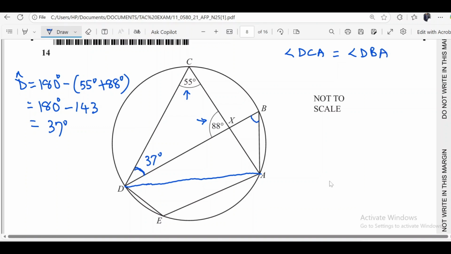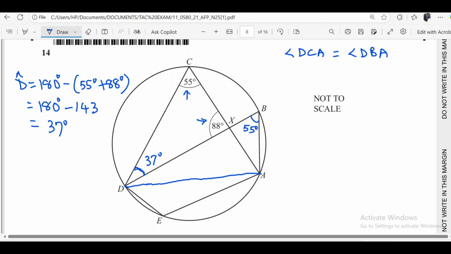So this angle B is also expected to be 55 degrees. There's a common chord. Both triangle DBA and triangle DCA lie on this common chord DA. So the two angles are equal, angles in the same segment.